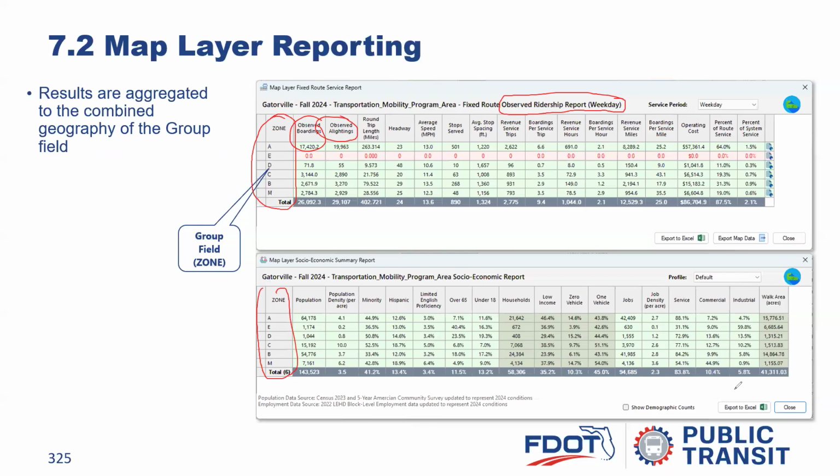And TBES will summarize both all of the features in it or selected features in it and show you service and markets so that your assessment can extend beyond just transit and get into external geographies and layers and mobility areas, et cetera. So it really goes into a lot of detail as to where you can go with summarizing different information relative to your transit service and to the local markets.